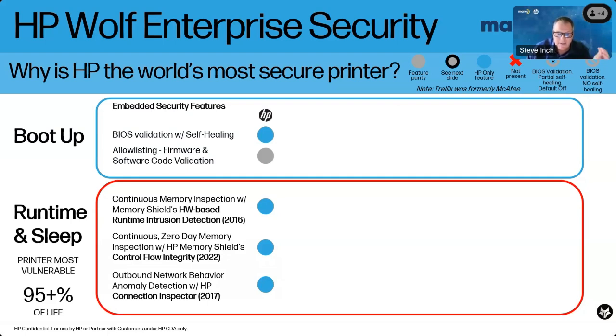And candidly, this is absolutely critical, so you understand that and you've got to ask your vendors: can you protect with automatic capabilities the hardware-based runtime intrusion that you need in memory, the control flow integrity you need in memory to look for zero-day attacks, and what are you doing to check the outbound communications of the device? Absolutely critical.